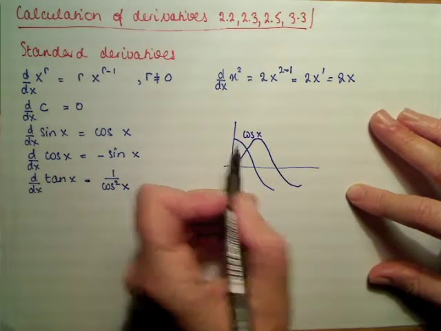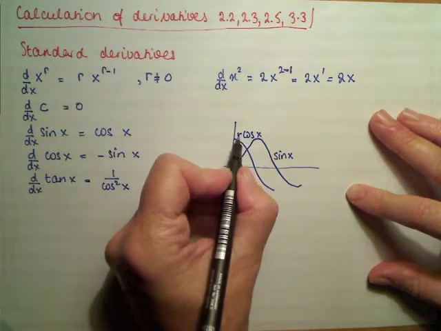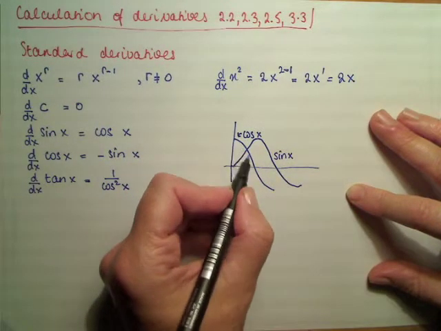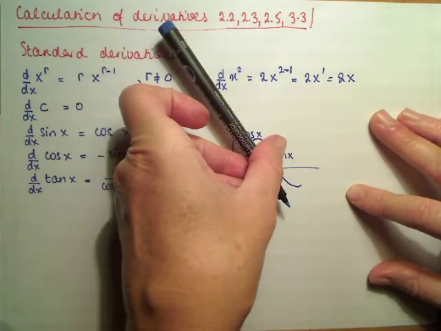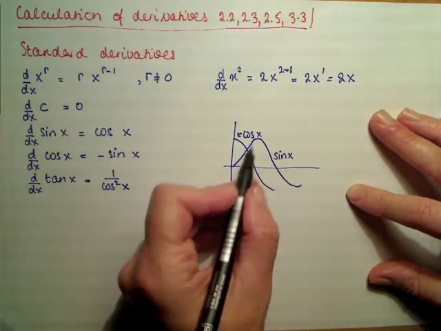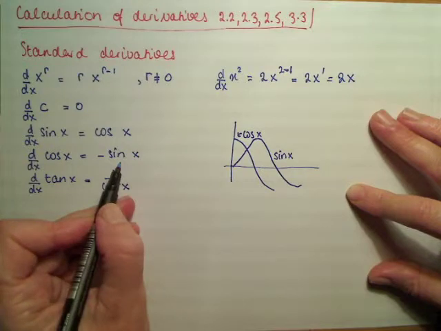At this part, this is sine of x. Now cosine is decreasing, is negative, so the derivative, the slope, is negative, and in this area the sine is positive, so we must have that the derivative of the cosine is minus the sine.